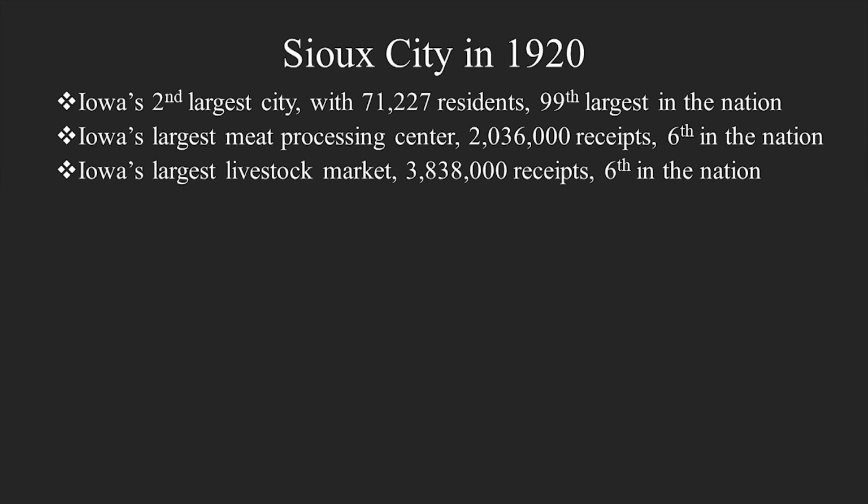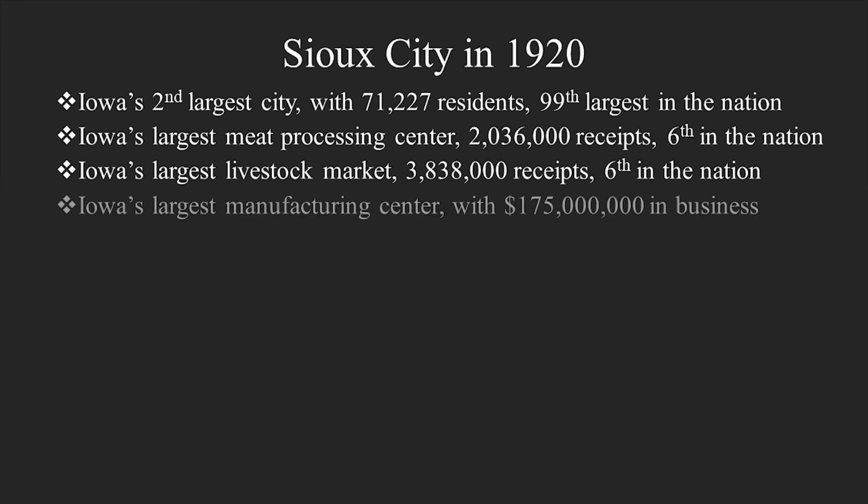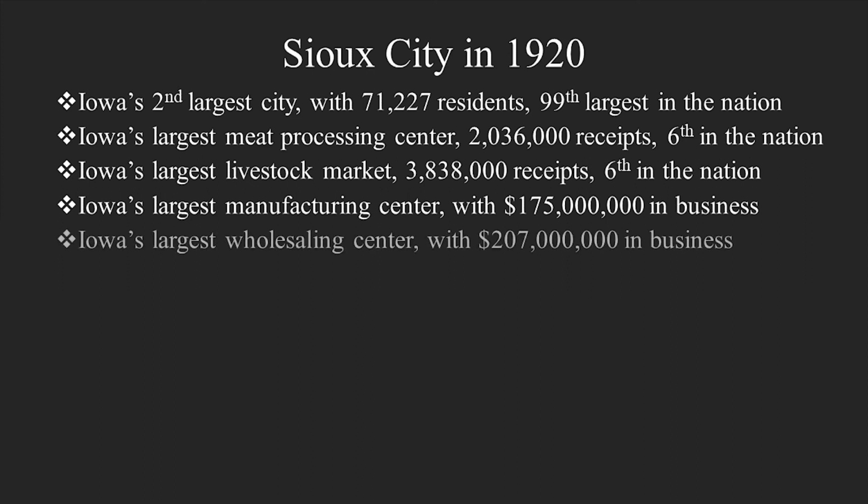We were Iowa's largest livestock market, handling almost 4 million animals. That was 6th in the nation. Sioux City was Iowa's largest manufacturing center, doing a business of $175 million. Sioux City was Iowa's largest wholesaling center, doing over $200 million in business.